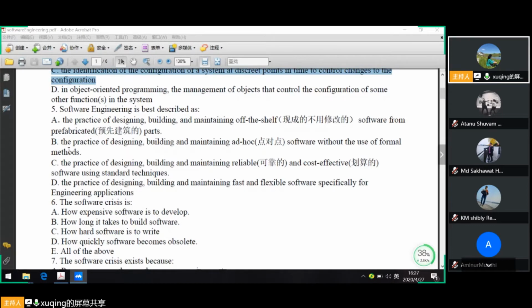For C, the practice of designing, building, and maintaining reliable and cost-effective software using standard techniques. For the moment, it seems right. And for D, fast and flexible software specifically for engineering applications: not just engineering applications, we may also have business and other applications. So for the fifth question, we choose C.